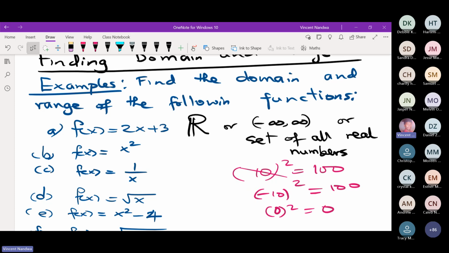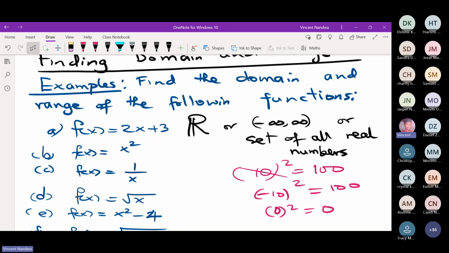There's nothing special with 10. Put them in the expression, square them, and tell me how they are behaving in general. Which numbers are not possible for the expression x squared? Negative numbers. Negative numbers are not possible.